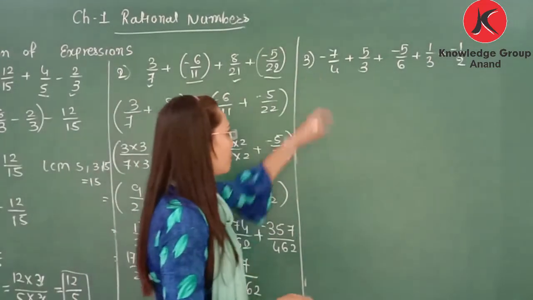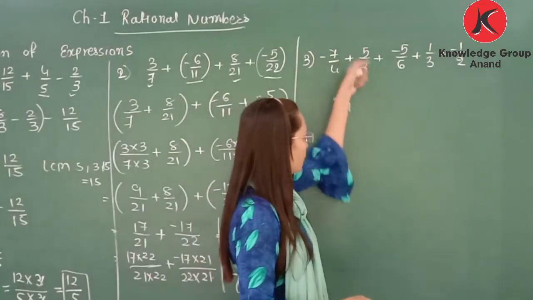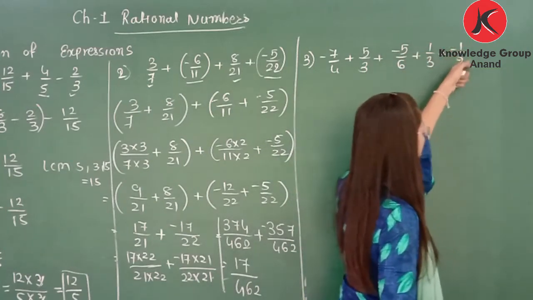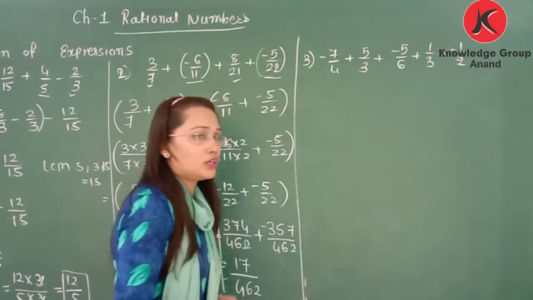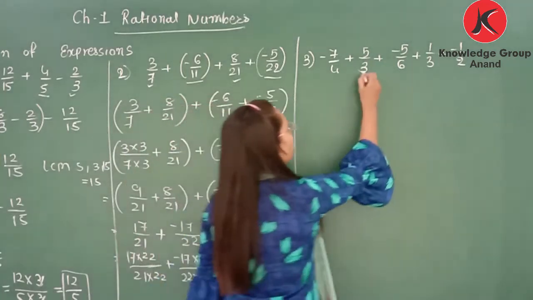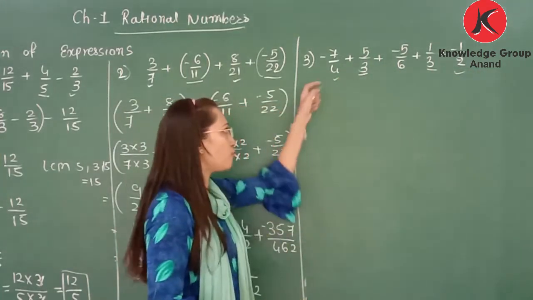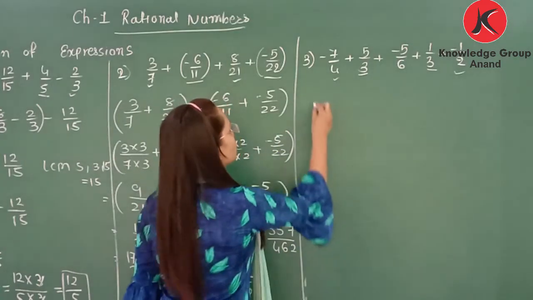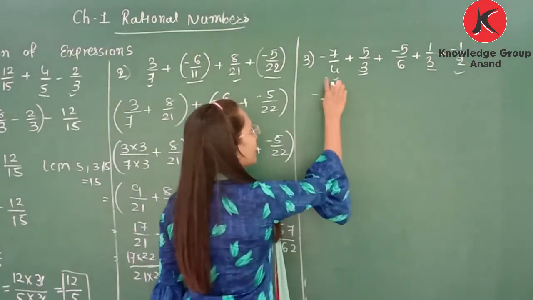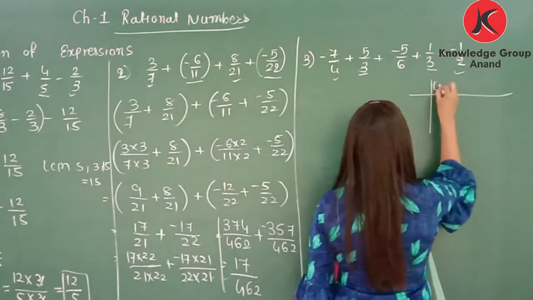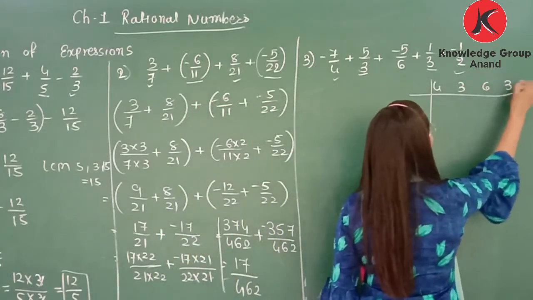Now next, minus 7 by 4 plus 5 by 3 plus minus 5 by 6 plus 1 by 2 plus minus 1 by 2. Okay. So here we can make a group of 4 and 2, so the LCM of 4 and 2 will be easy. Or you can directly find the LCM of 4, 3, 6, 3 and 2.